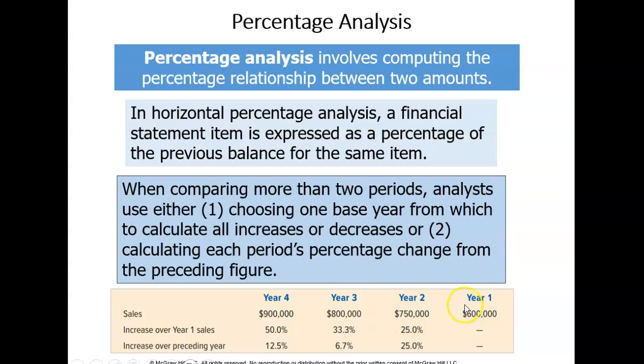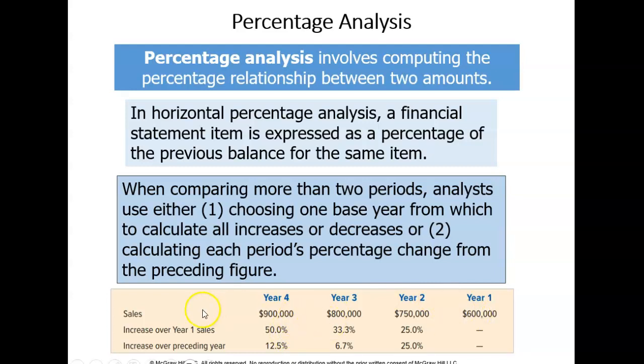So if you take 200 divided by 600, that's a 33.3% increase. And then the same thing for year 4. Once again, you're comparing year 1 sales to year 4 sales. Sales have now increased by $300,000, which is a 50% increase over the year 1 sales.